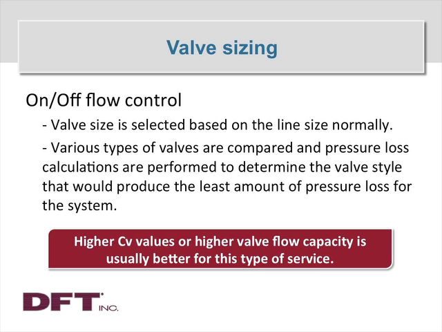Maybe it's a little bit bigger valve, so a gear operator might be worth considering as opposed to the additional costs of automation. So there's all sorts of considerations that are important here, but from a flow sizing point of view, for these on-off flow control, higher CV values are better than lower because you're going to be minimizing your pressure losses with that kind of a situation.